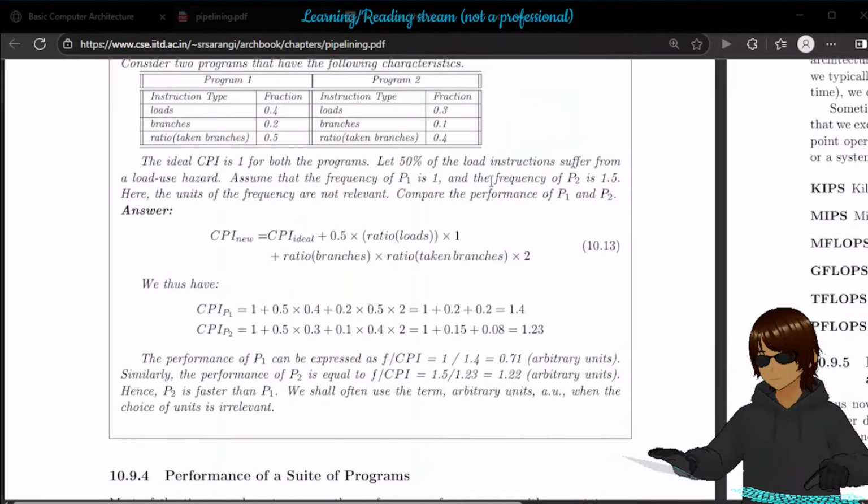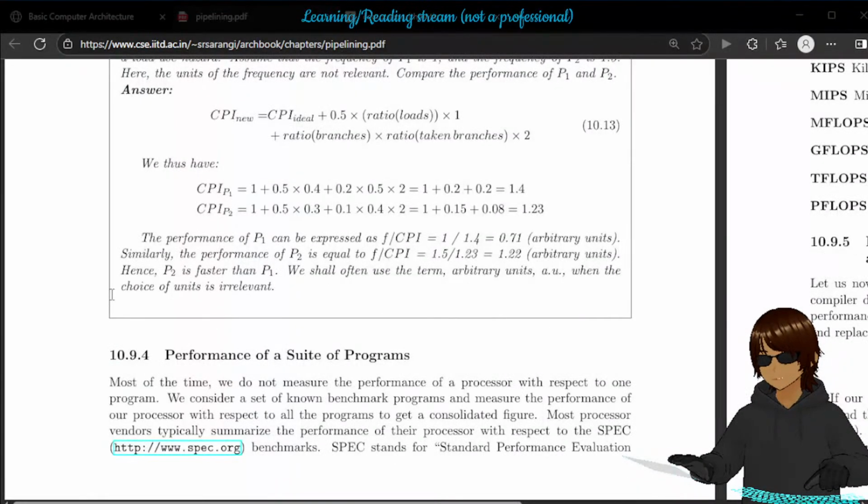Wait. Frequency of P2 is 1.5. The frequency of P1 is 1. So you're doing F divided by CPI, 1 divided by 1.4. And then over here, we're doing 1.5 divided by 1.23. Their frequency divided by their CPI. And P2 is faster. It has a higher performance value.